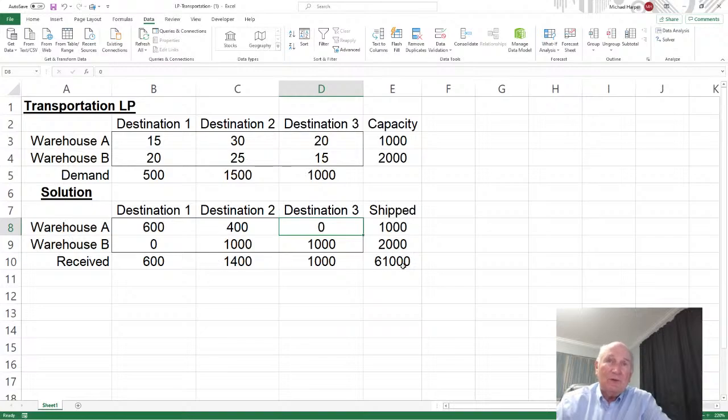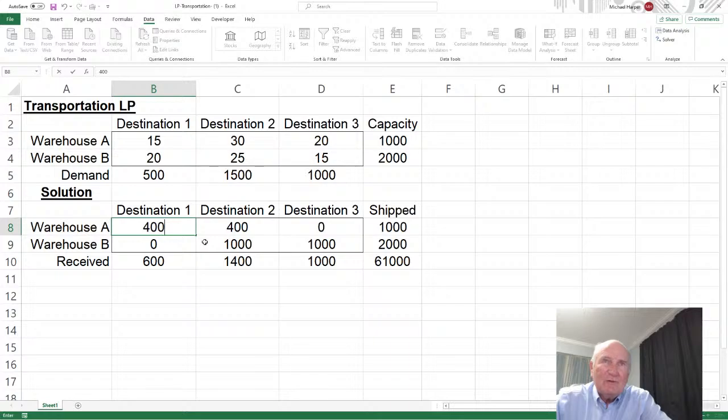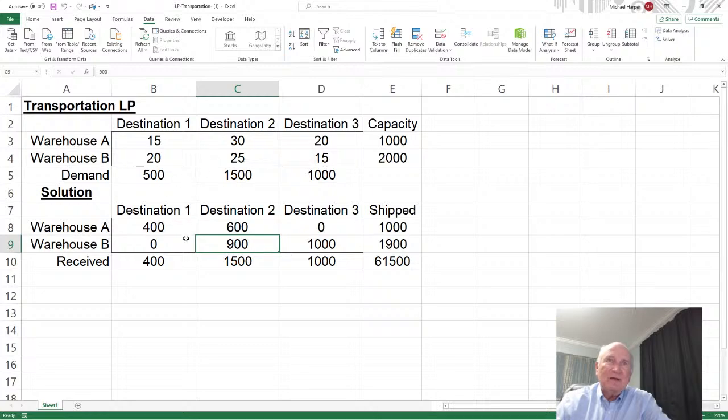Oh, it went below because I violated this. I have to go the other way. 400 and 600 and then 900 or 1400. I still have to meet my requirements here. I can't go over here, can't go over here. I went below here, and it's going to go down. So I bring this back to 500, 500, and 1,000.